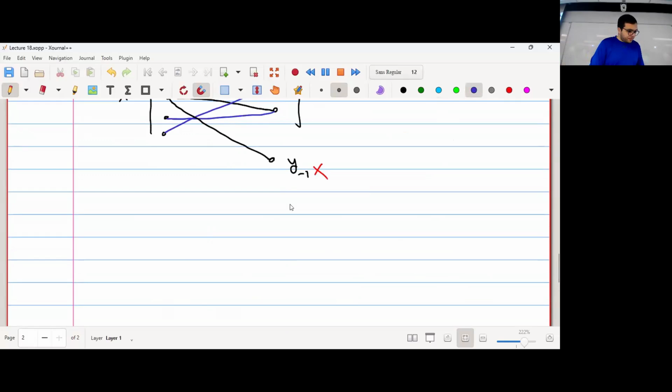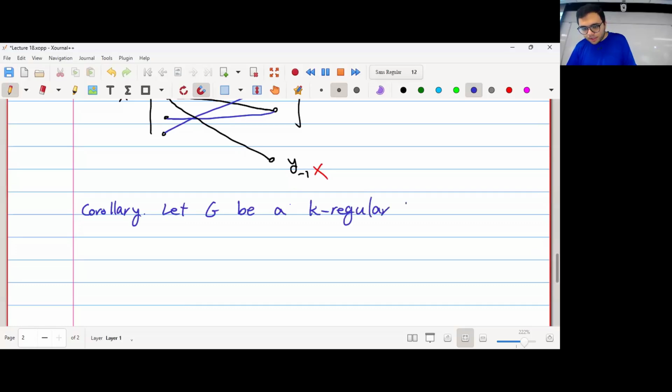Okay. From this, we actually have a very simple corollary, which is this. Let G be a K-regular bipartite graph.